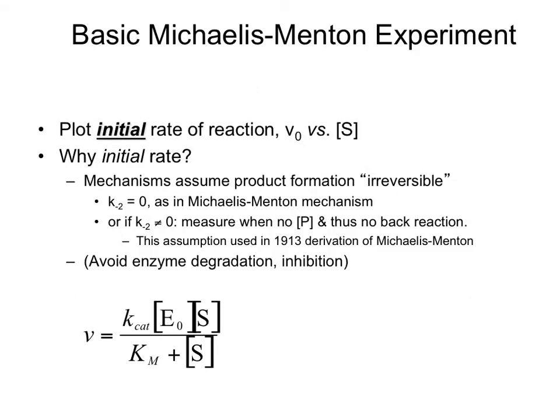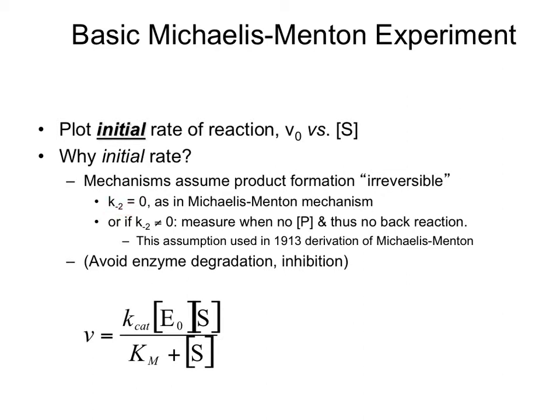Basics of a Michaelis-Menten experiment. What you want to do is plot the initial rate versus substrate. The reason we do so is because the mechanism assumes product formation is irreversible, right? k minus 2 is equal to 0.